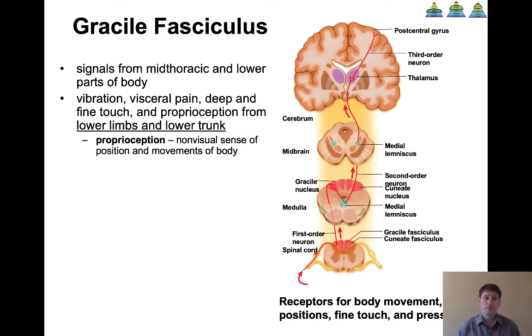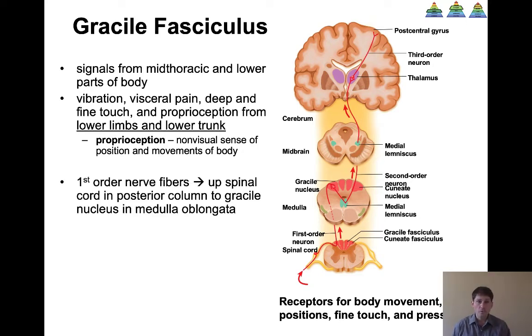And so proprioception is basically our sense of position and movement in the body. Now our first order neuron is going to take that information from those sensory receptors back to our spinal cord, all the way up into our gracile nucleus in the medulla oblongata. Where are we? Here's our medulla right over here.